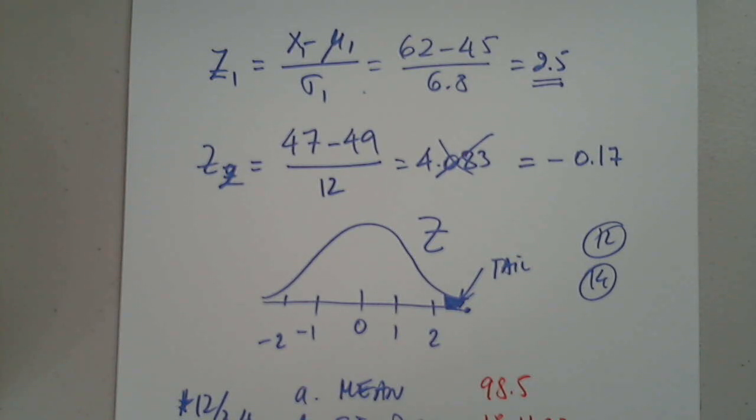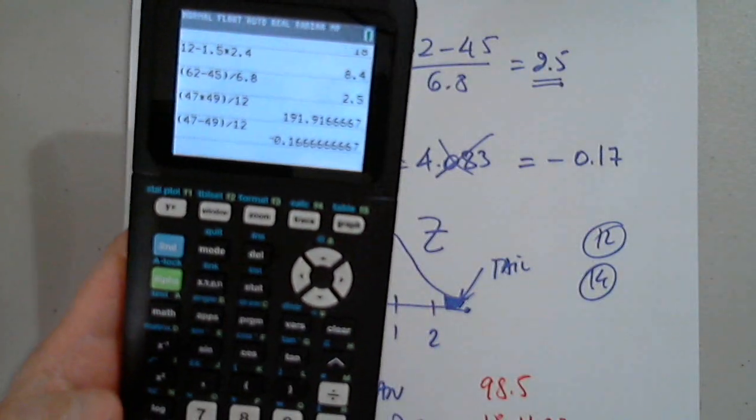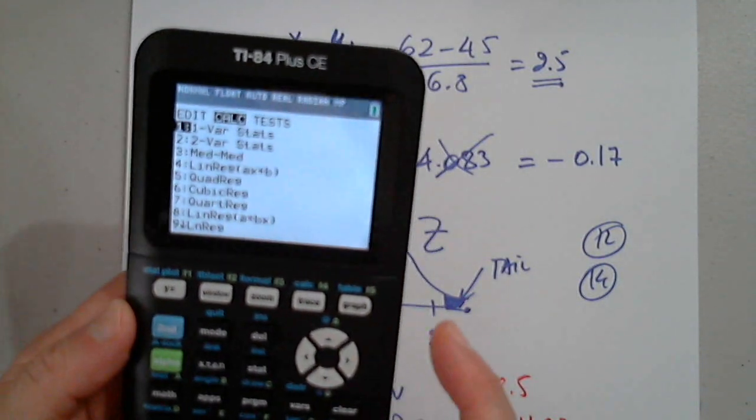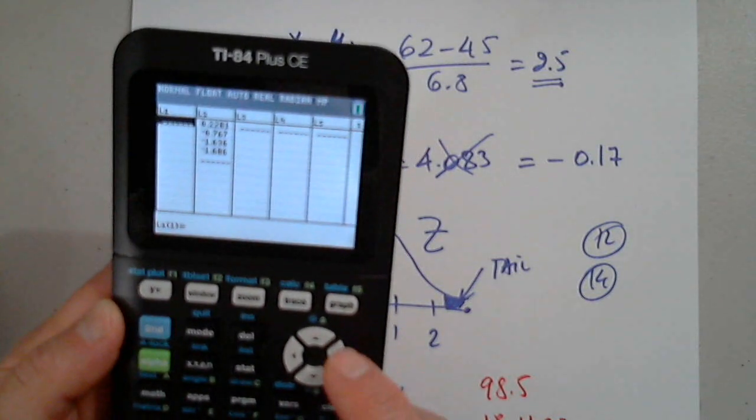Now, the only question I have, and I want to convince myself before we put those answers in, whatever they are asking us. I'm just going to copy the data in a list in my calculator, this particular data set.